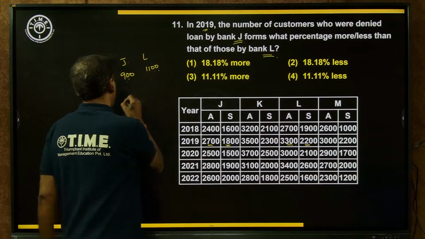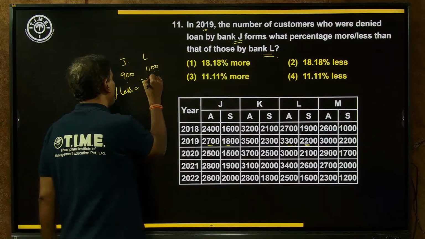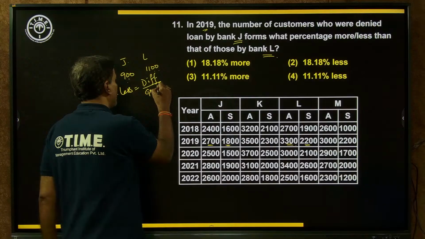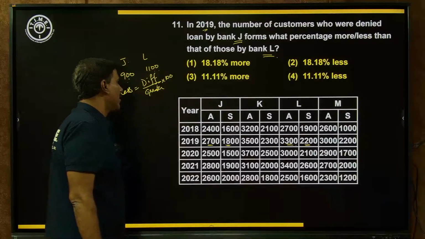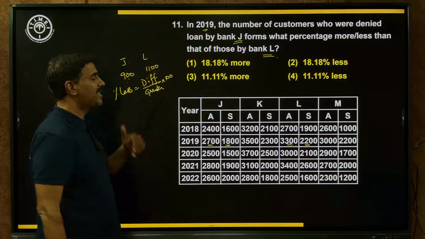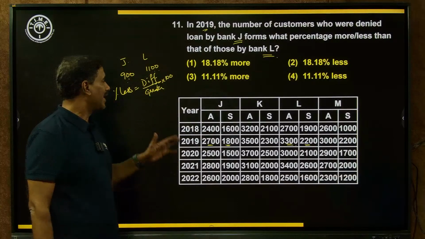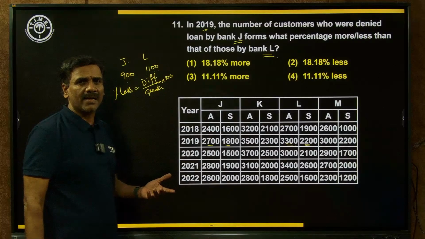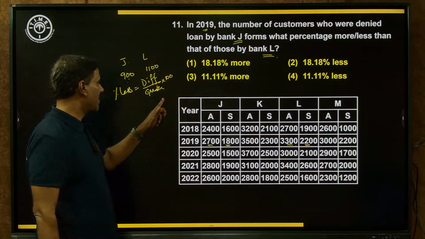It is less. If it is percentage less, it will always be the difference by the greater value into 100. That is how we can easily do the calculation. Don't get any confusion here. Normally we take between these two, which is smaller, how much is the gap? 200. Now in the denominator, should we take 900 or 1100? Always the thumb rule is this one. If it is percentage less, difference by greater into 100.